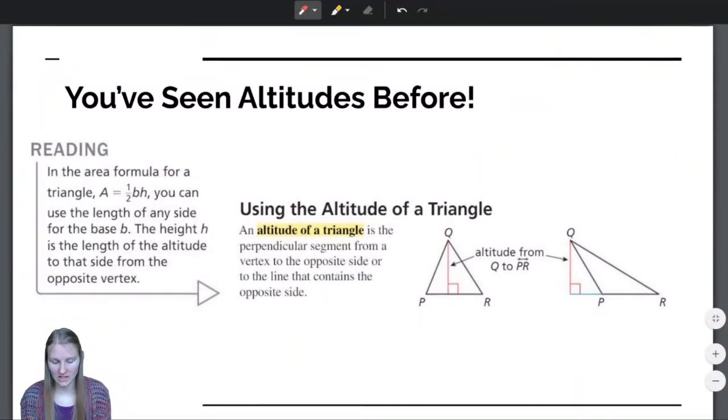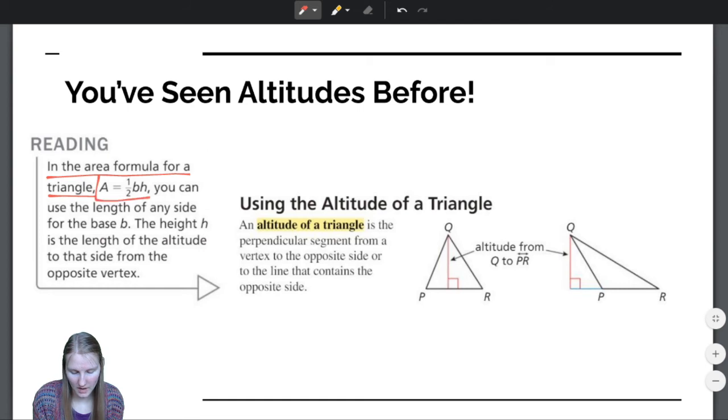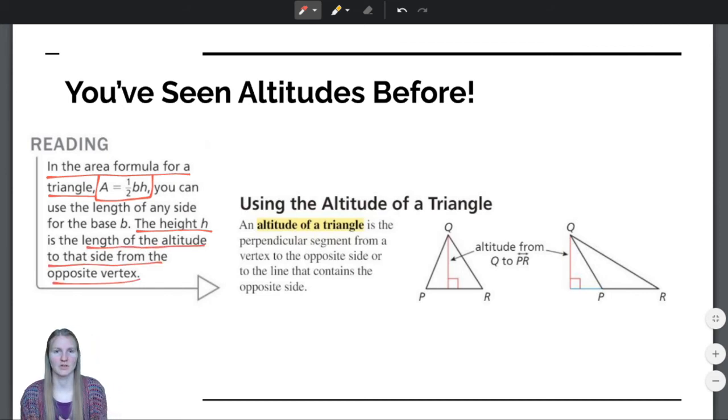So you have seen altitudes before. I wanted to talk a little bit about this, so if you're like, altitude, that makes no sense. Remember, in the area formula for a triangle, A equals half the base times height, you can use any of the side lengths for the base, but the height is the length of the altitude from the base to the opposite vertex.